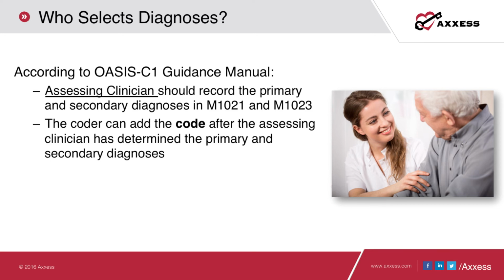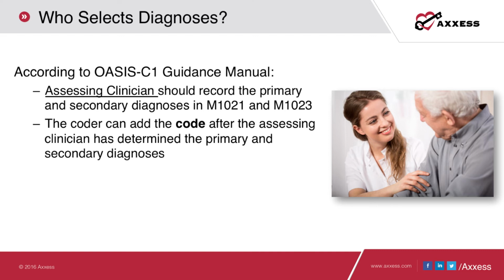Now again, who selects the diagnoses? According to that OASIS C1 guidance manual, the assessing clinician should record the primary and secondary diagnosis name in M1021 and 1023, as well as in the other diagnosis slots like M1017 and the other parts that might ask what the inpatient diagnosis was.